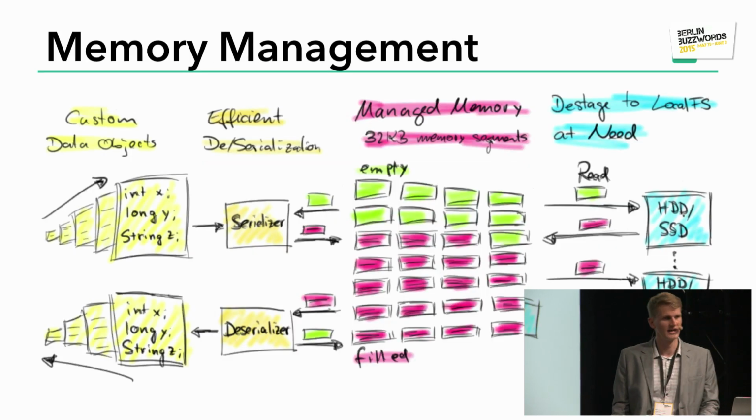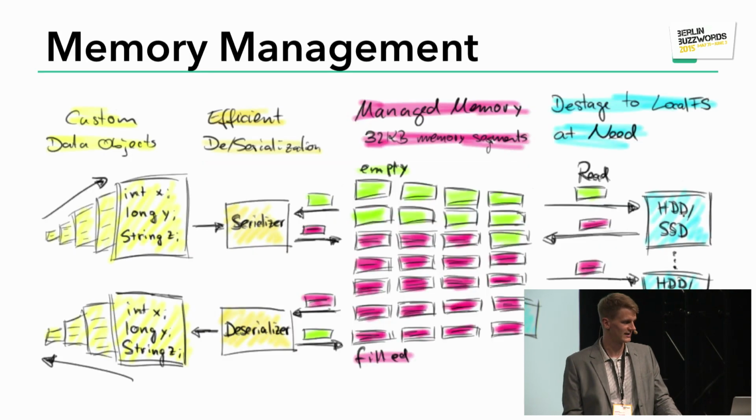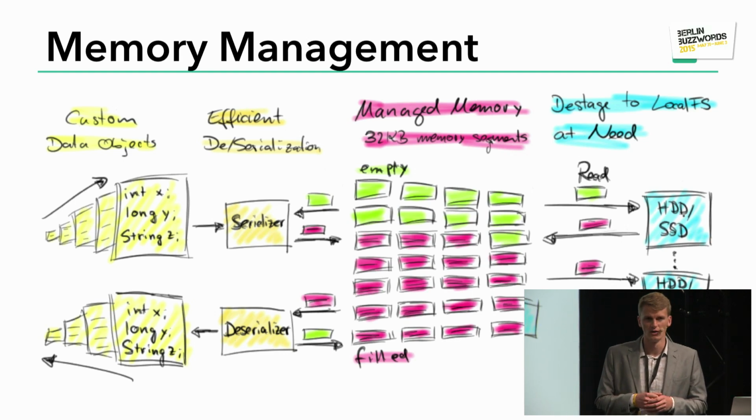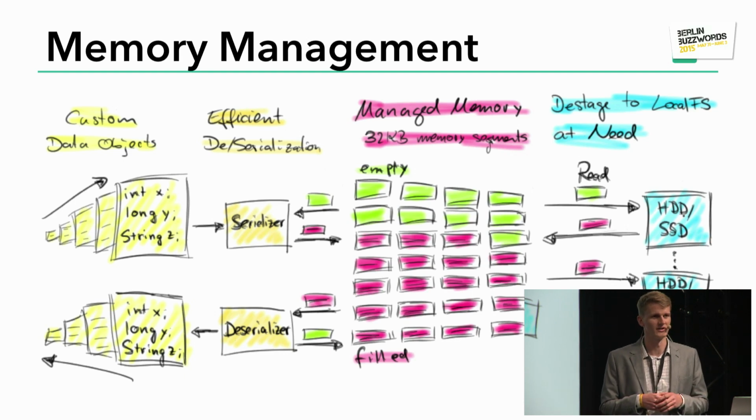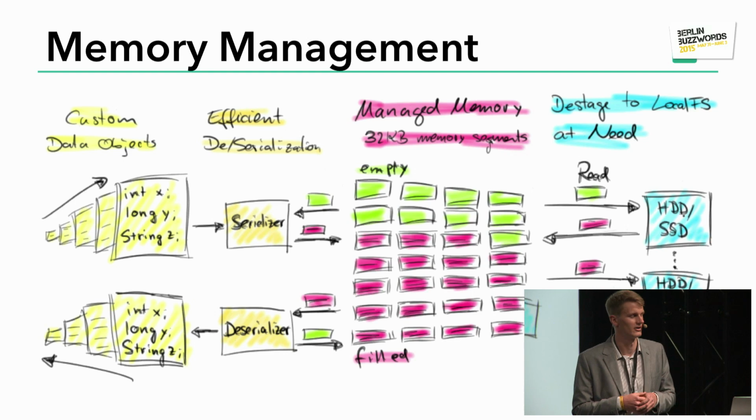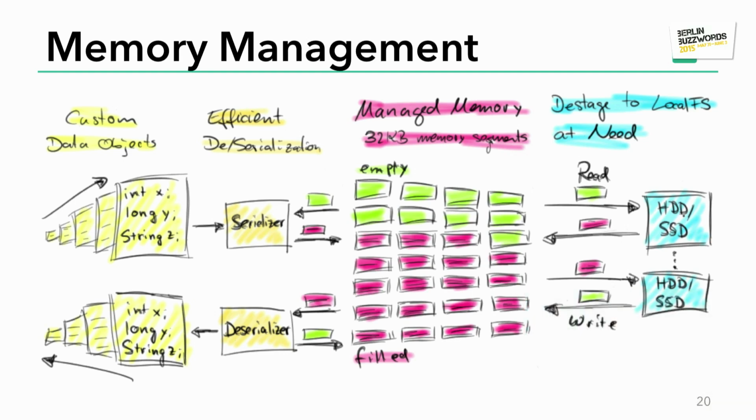So last but not least, I've said that Flink's operations work on managed memory. What does this mean? Well, to understand that, I want to give you some background information on how the JVM works. Whenever you create some objects in a Java program, they're usually stored on the heap.